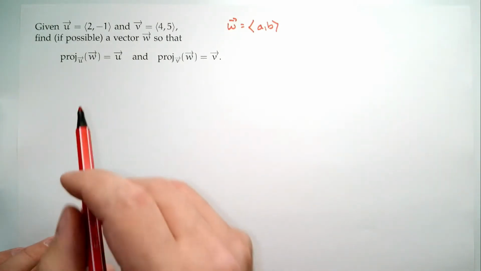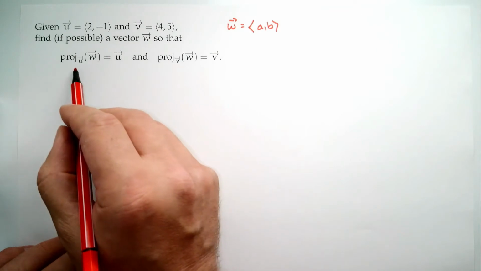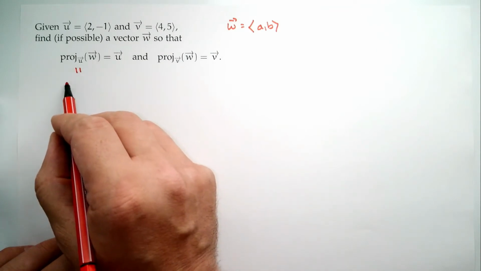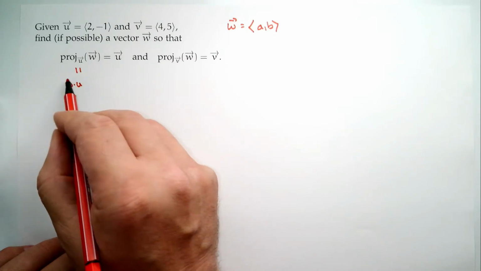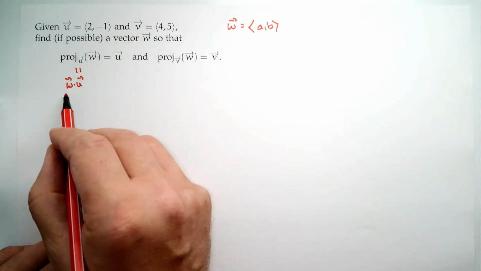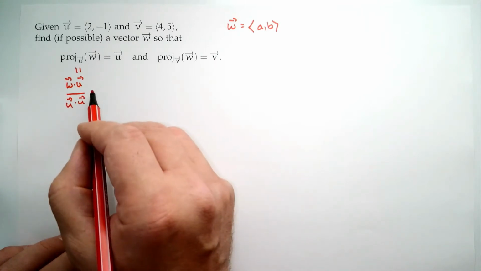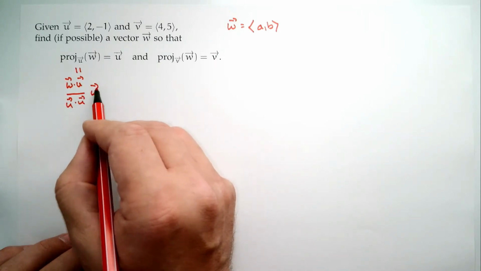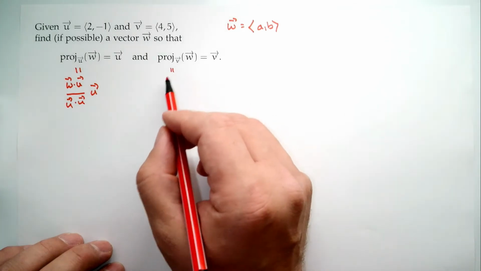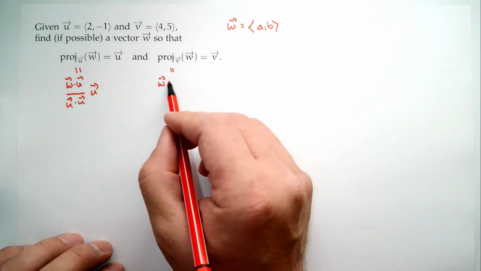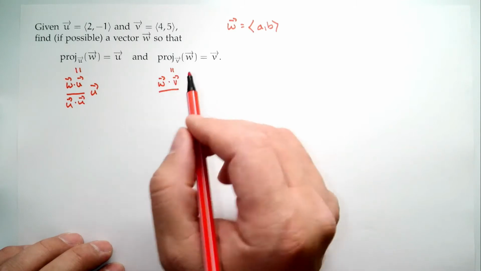If we think about the projection formula, you take w dot u and divide it by u dot u, and then multiply that by the vector u. Similarly, over here, same process. The only thing is that your u's become v's.